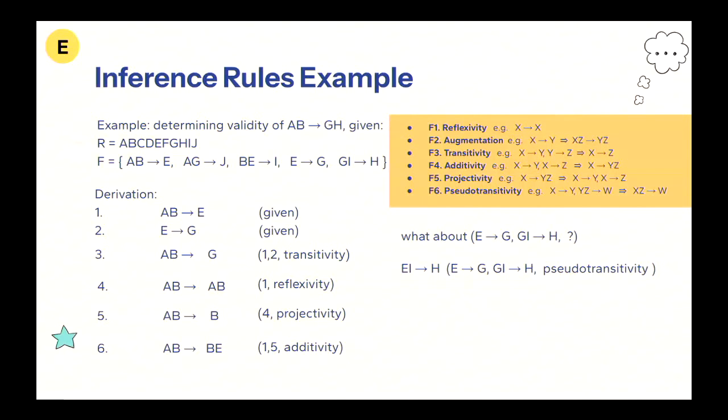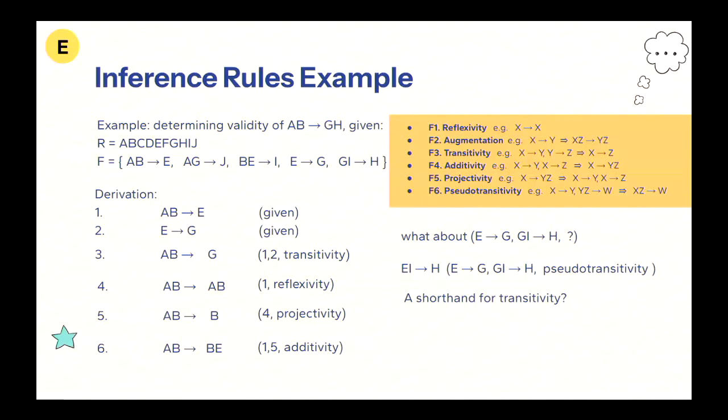And just now we talked about pseudo transitivity being a shorthand for transitivity. So why is it a shorthand for transitivity? Can we use the rest of the rules to derive the pseudo transitivity rule?